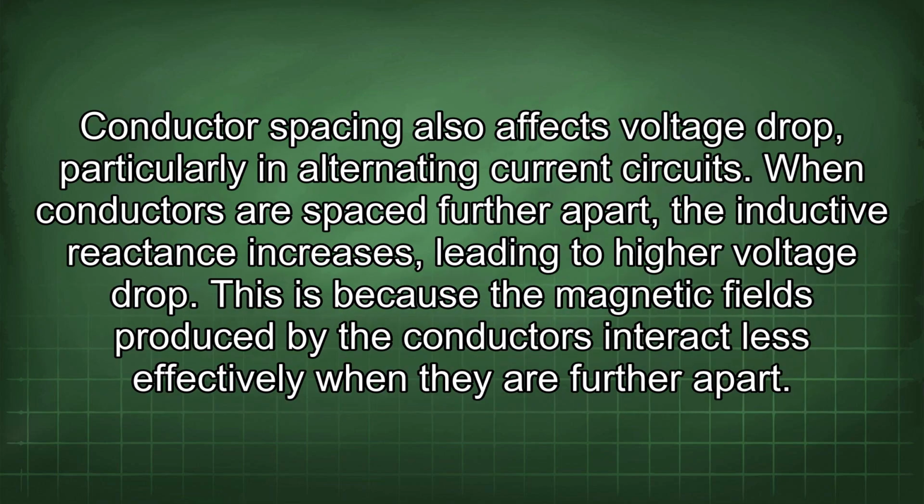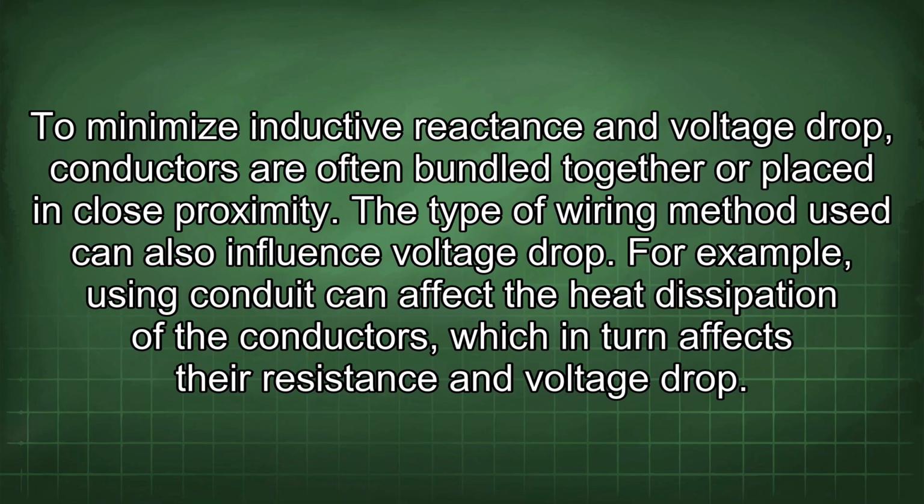Conductor spacing also affects voltage drop, particularly in alternating current circuits. When conductors are spaced further apart, the inductive reactance increases, leading to higher voltage drop. This is because the magnetic fields produced by the conductors interact less effectively when they are further apart. To minimize inductive reactance and voltage drop, conductors are often bundled together or placed in close proximity.